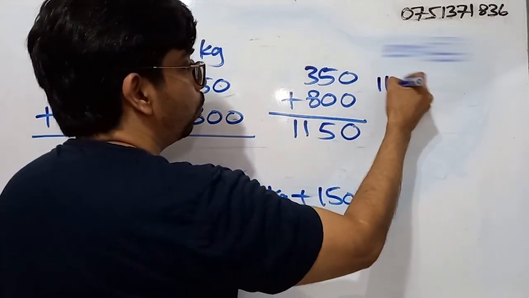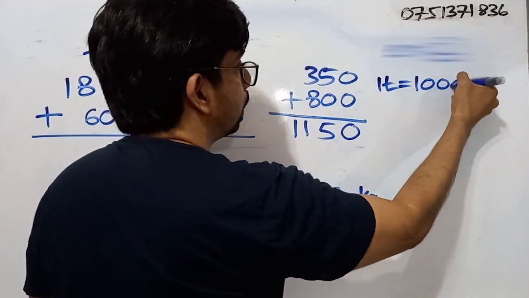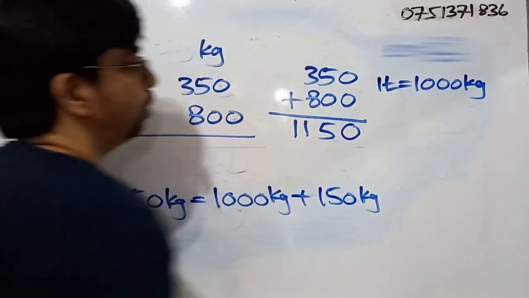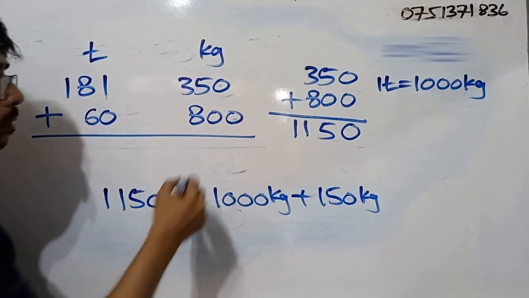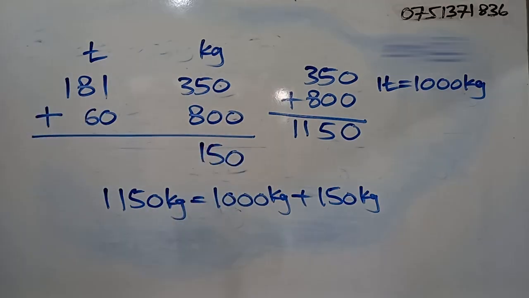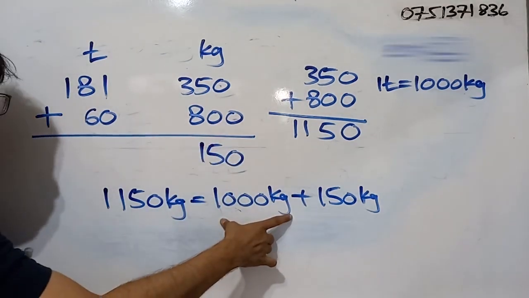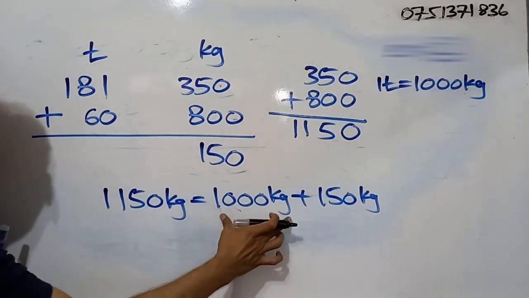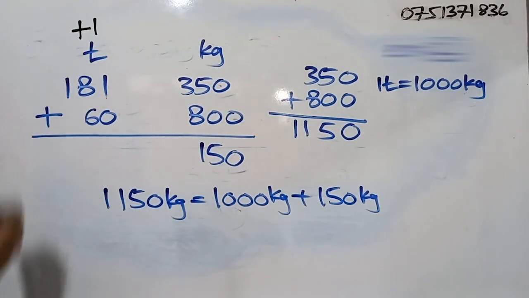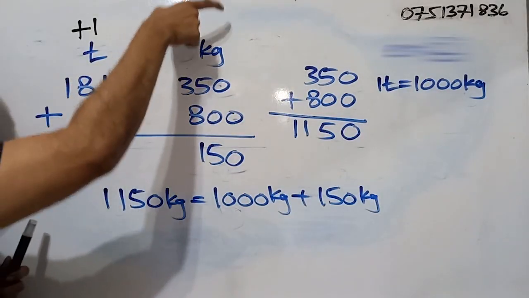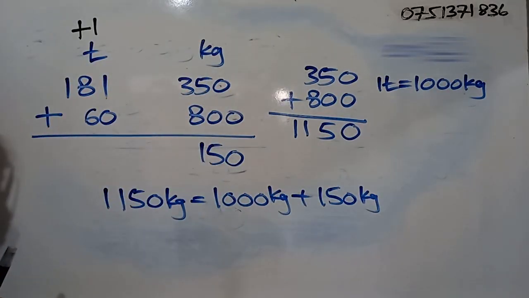We know 1 metric ton is equal to what? 1000 kilograms. What's the number that we can actually write under the kilograms column? 150. Then this 1000 kilograms we convert it into metric tons and we will push over to the other side. Now we are done adding the kilograms column.